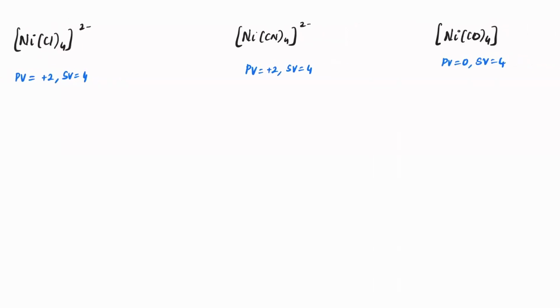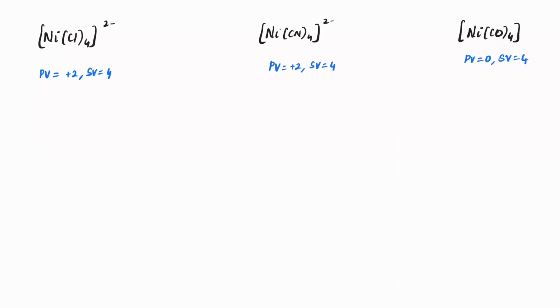So these are the primary and secondary valencies here.